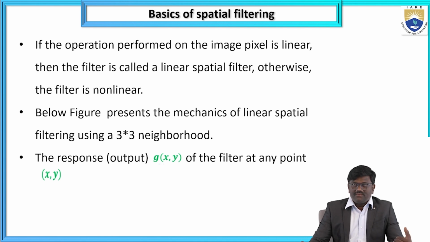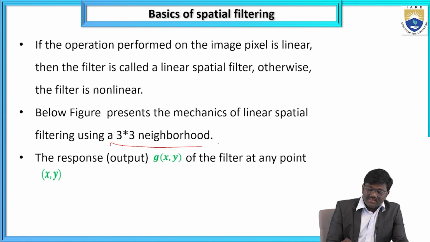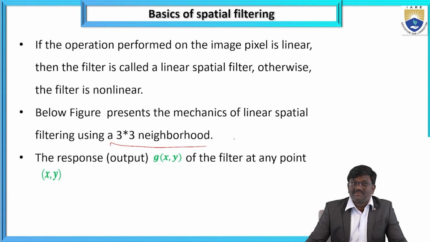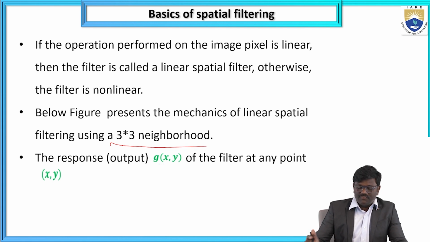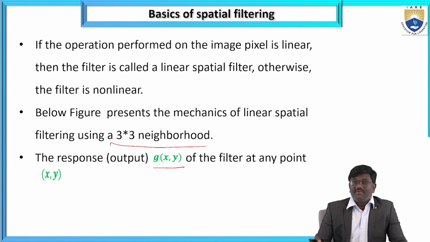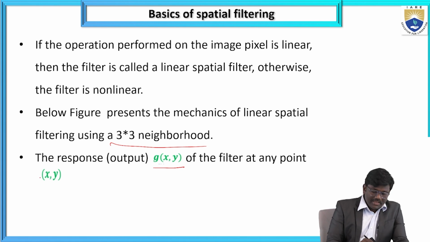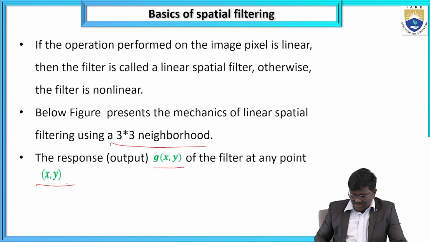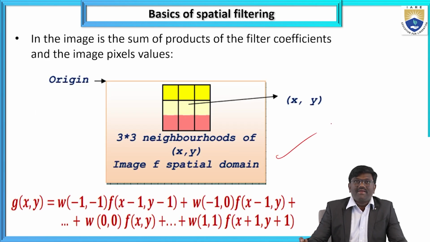The figure below represents the mechanism of linear spatial filtering using a 3 by 3 neighborhood of pixels. The response of the filter at any point x comma y, which we represent as g of x comma y, is shown in this figure.